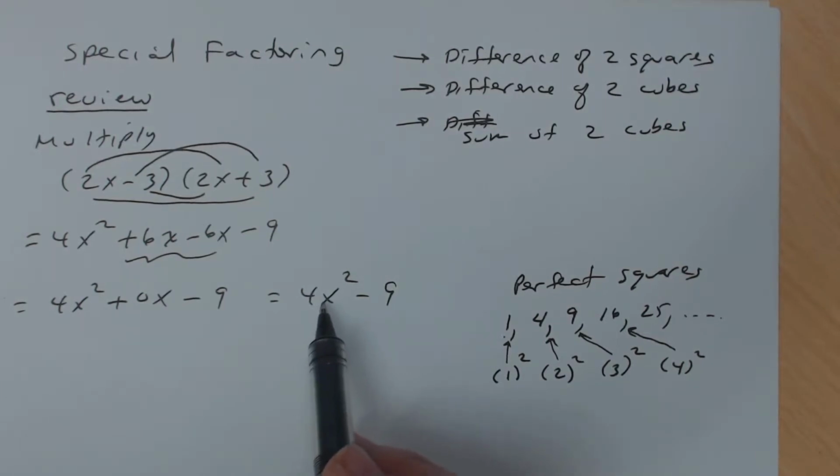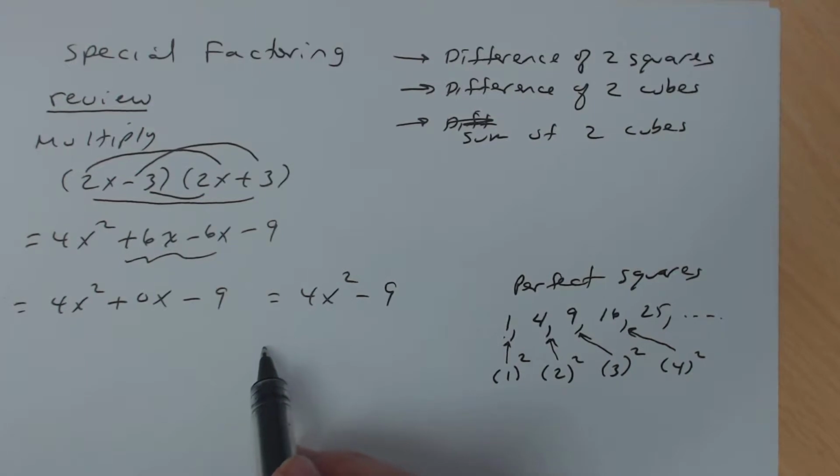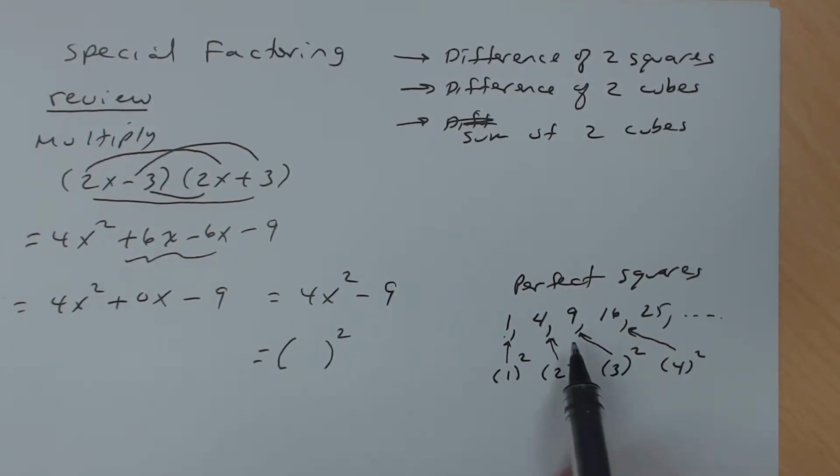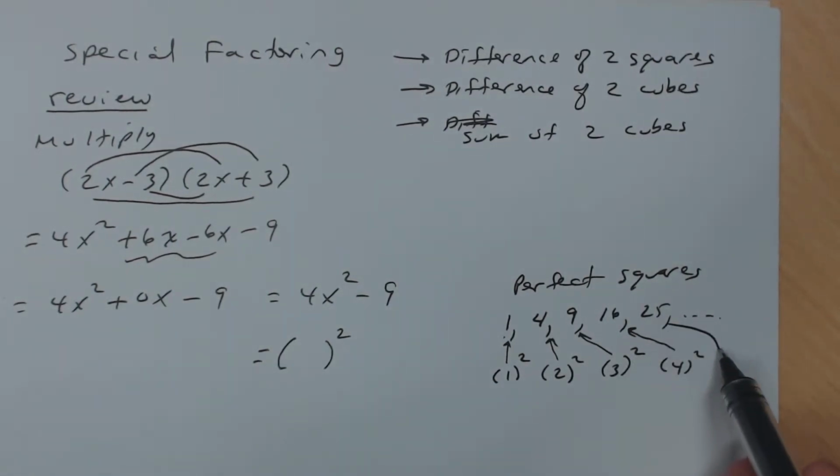So what I want you to notice is this. You see this 4x squared? I can write this 4x squared as something raised to the second power, just like I did with 1 raised to the second power, 2 raised to the second power, 3 raised to the second power, and so on. So 4 is a perfect square because I can write it as 2 squared. 9 is a perfect square because I can write it as 3 squared. 16 is 4 squared. 25 is 5 squared.